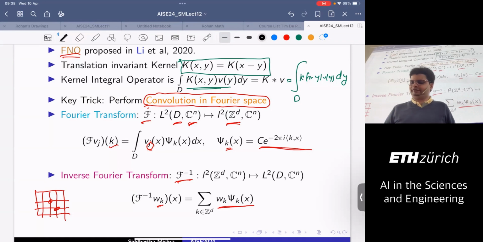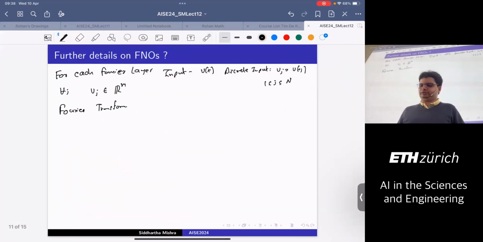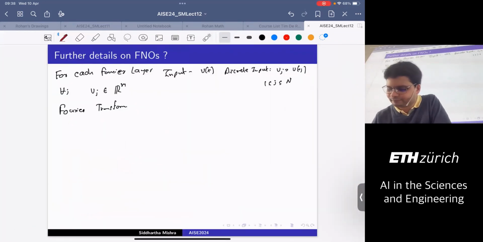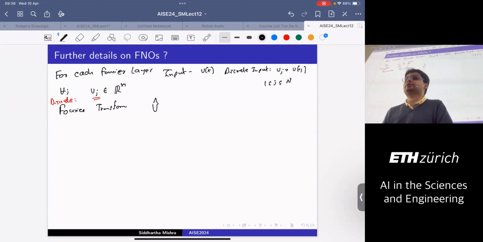So you have a discrete Fourier transform. You take these Vj's, and now I'm running out of notation, but let's try. V hat of k, because the Fourier transform is always given with a hat, is the discrete Fourier transform F of Vj.